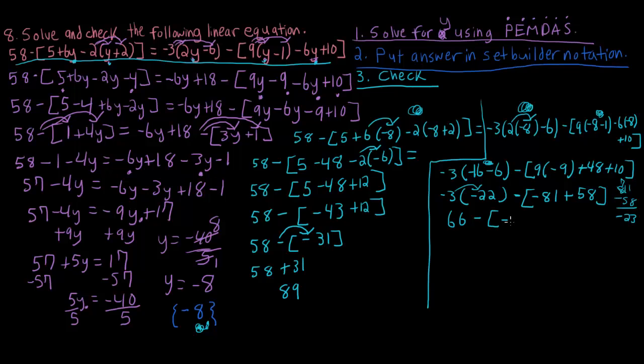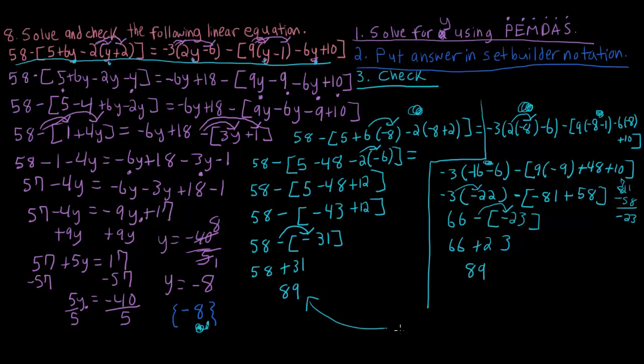Okay, so we have negative 23 in the brackets, and then we have to remember to distribute this negative sign. So 66 plus 23 is 89.